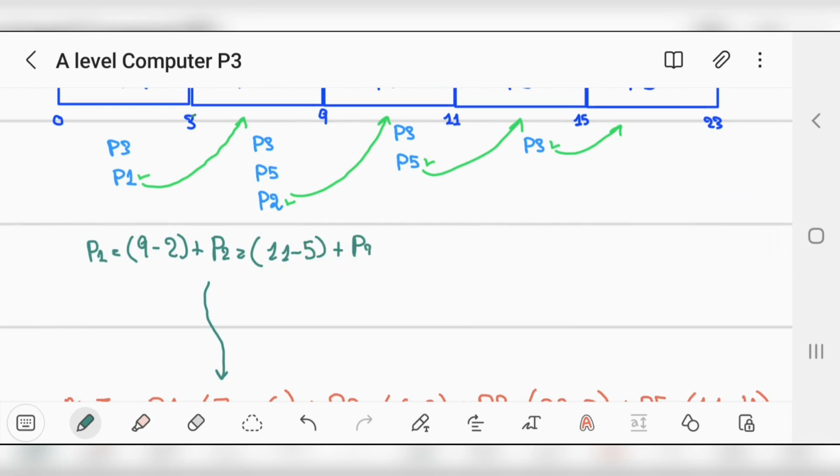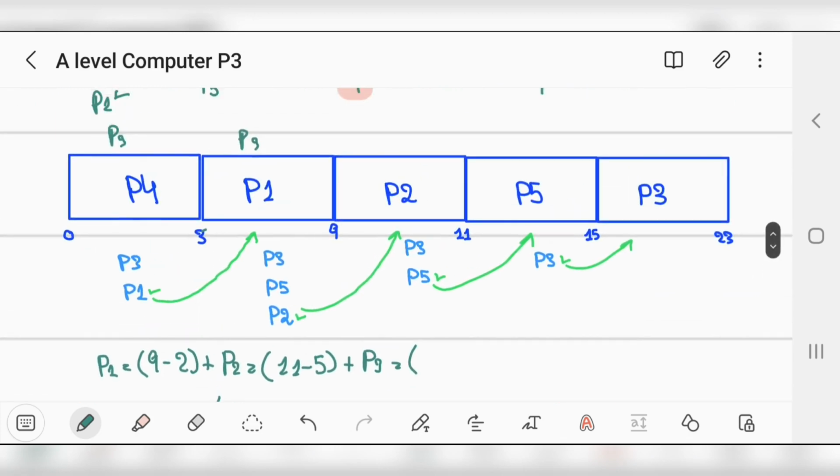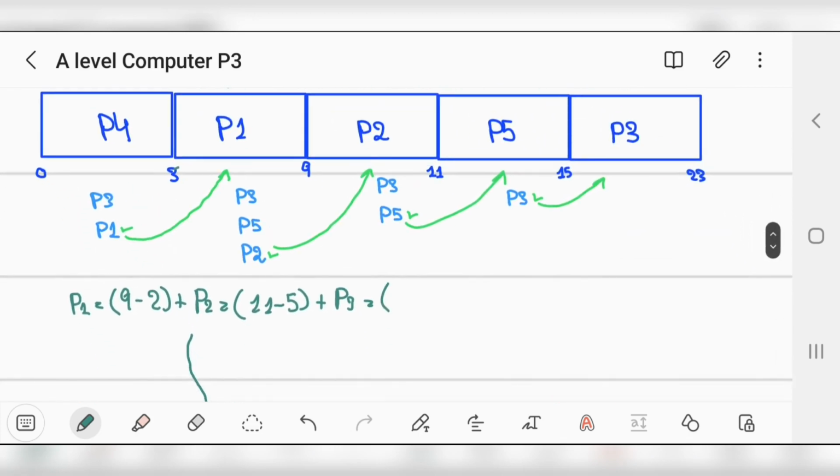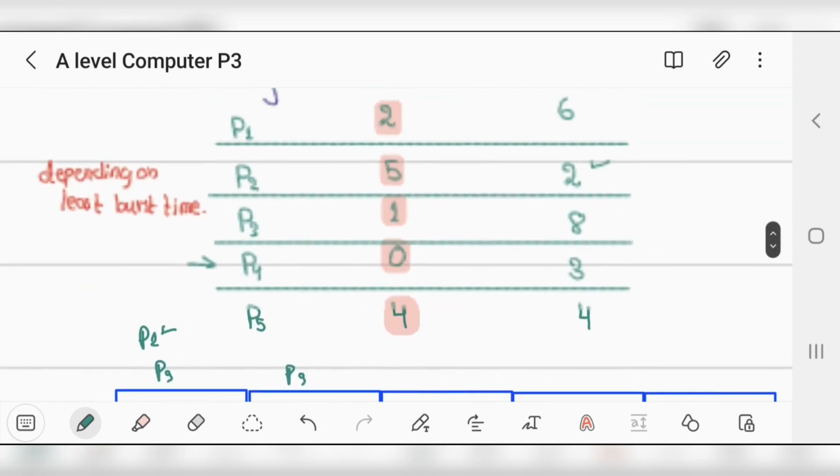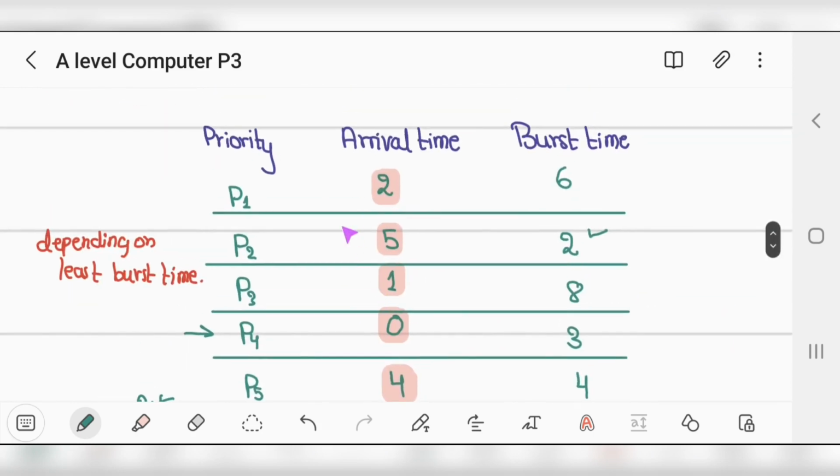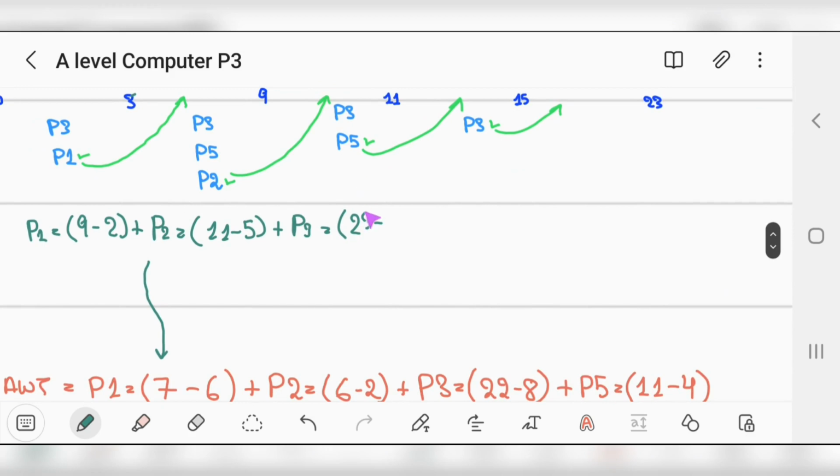Now we come to P3. It took 23 seconds to complete this process, so 23 minus 1. Then we have P4.